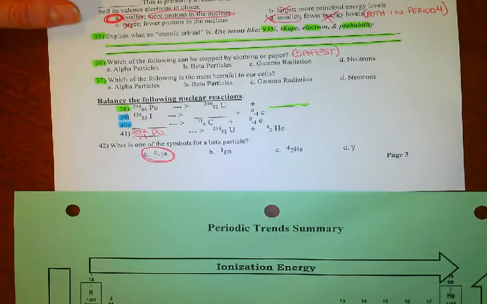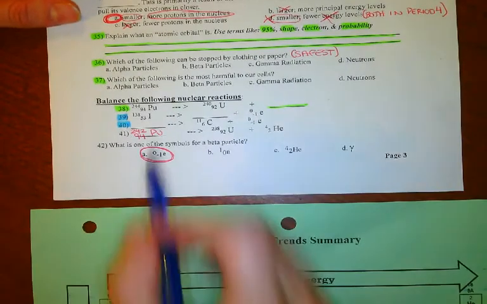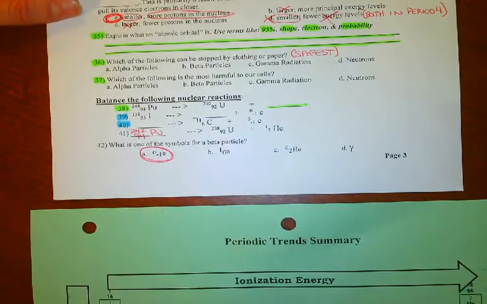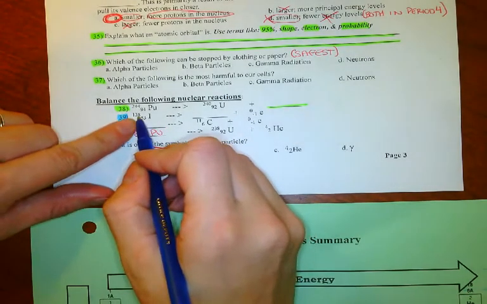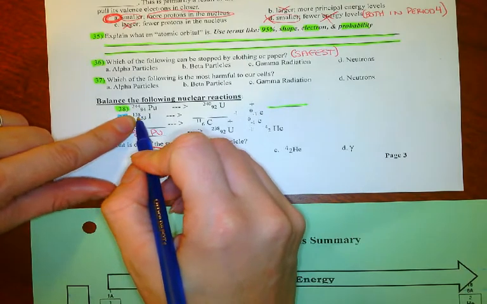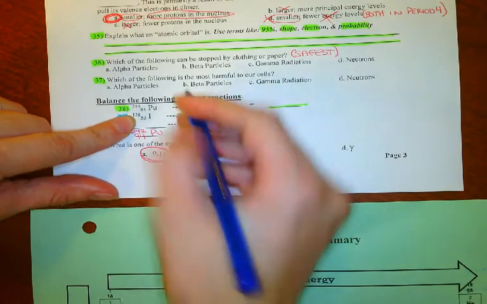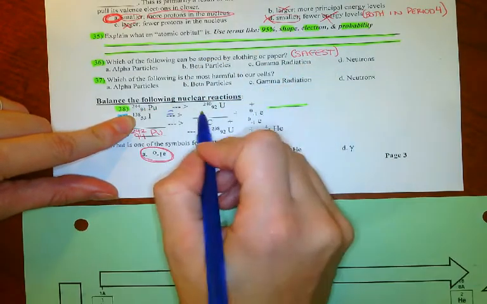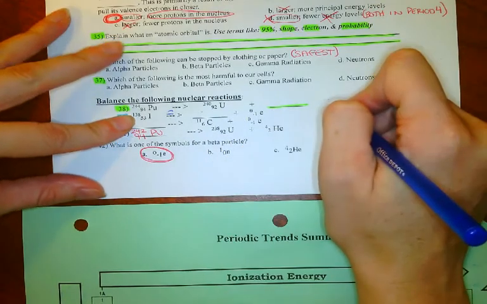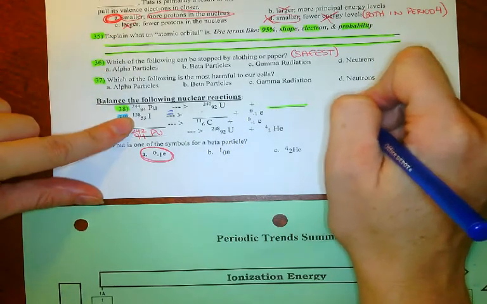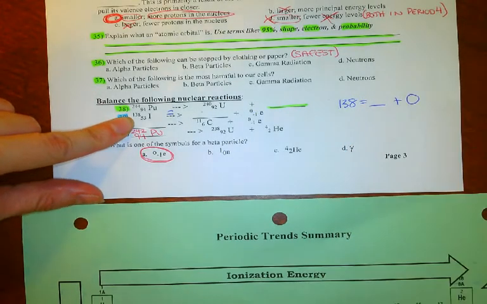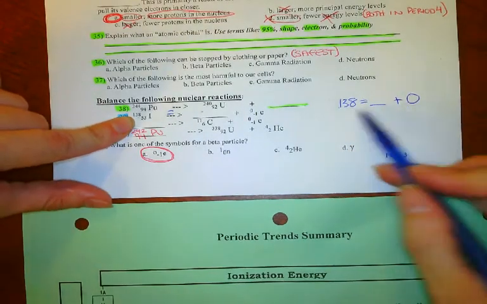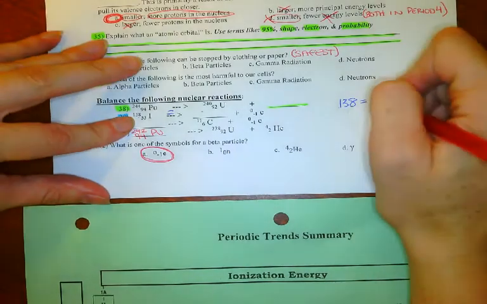Let's go down to balancing nuclear reactions together. Now, I really wish we had more room, and I apologize for that. Looking at number 39, what we have is 138. If we just look at the top numbers first, 138 equals something plus 0. I'm going to rewrite that as algebra over here: 138 equals something plus 0. So what plus 0 is 138? Well, it's still 138.